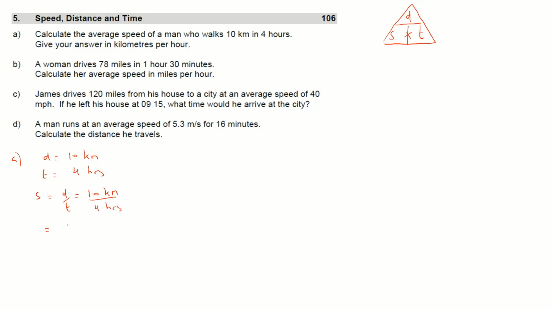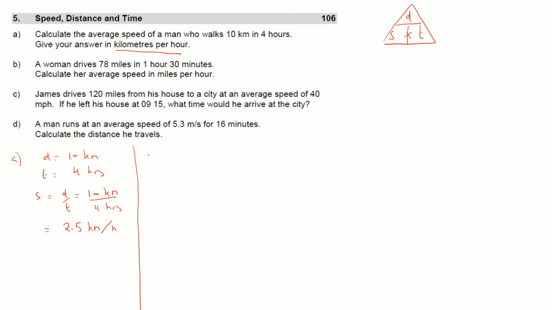And that's going to give me 10 divided by 4 is 2.5. And the units, remember, are going to be kilometers because that's on top of the fraction, per hour. All right, so I'll just say kilometers per hour like this. And that's what the question wanted. So that's why I put the units in. So I know when I see kilometers over hours, I know it's going to be kilometers per hour.